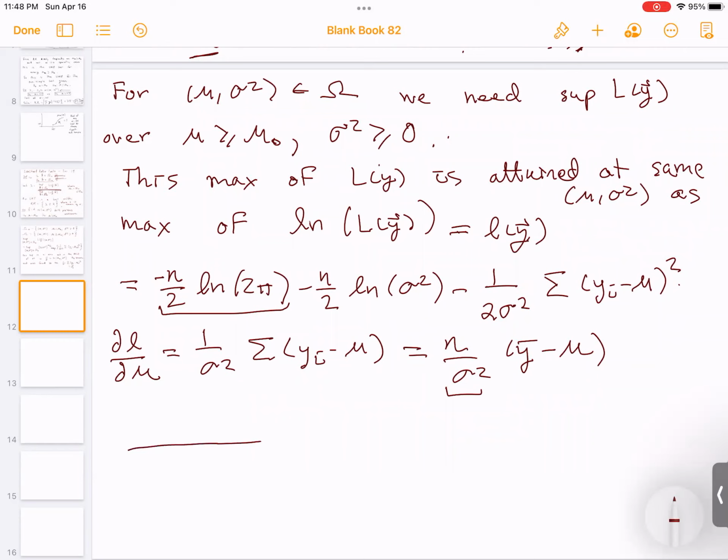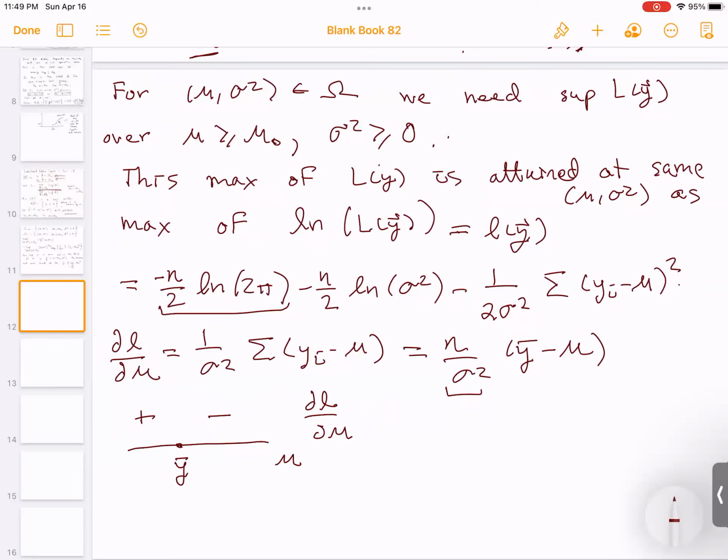So I can think of it like this: here's mu down here, and let's put the sign of dl d mu here. At y bar, when mu gets bigger than y bar, it's becoming negative. So it's negative over here and positive over here.